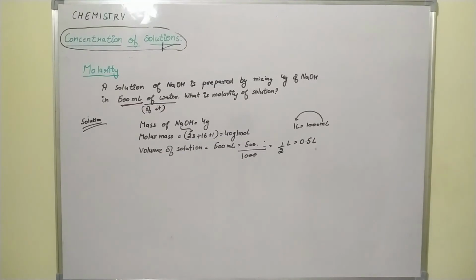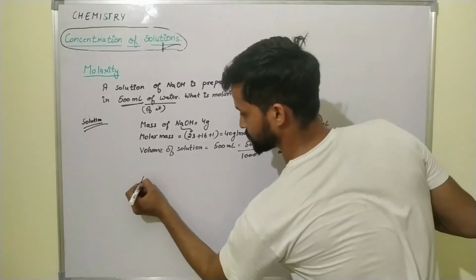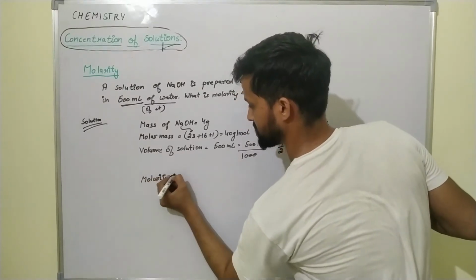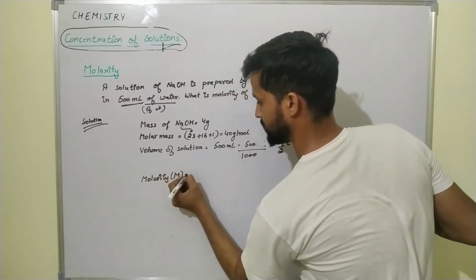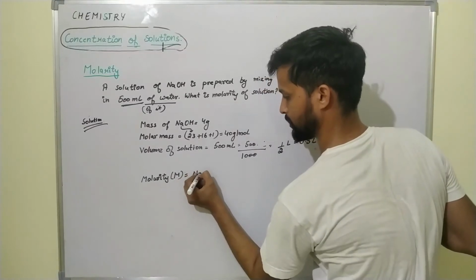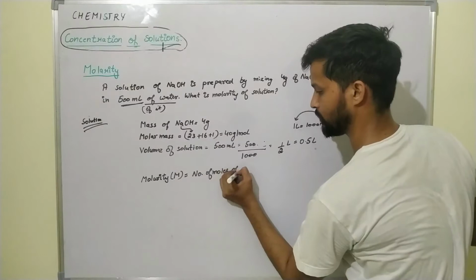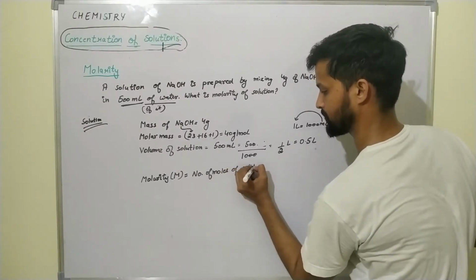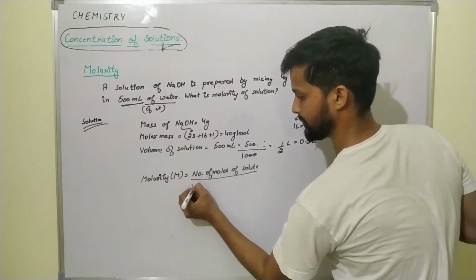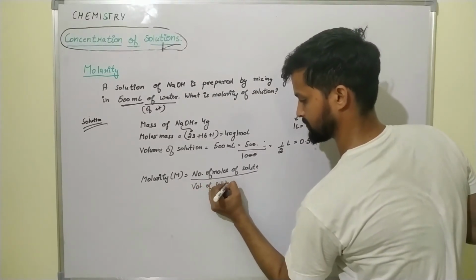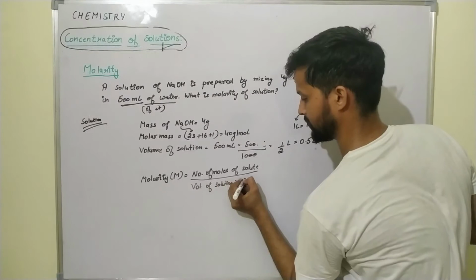Now what is the formula for the molarity? So here molarity, which is denoted by capital M, is equal to the number of moles of solute divided by the volume of solution in liter.